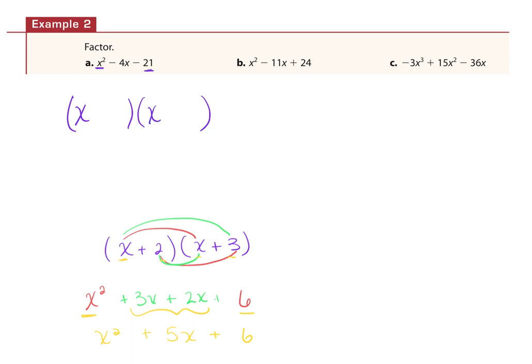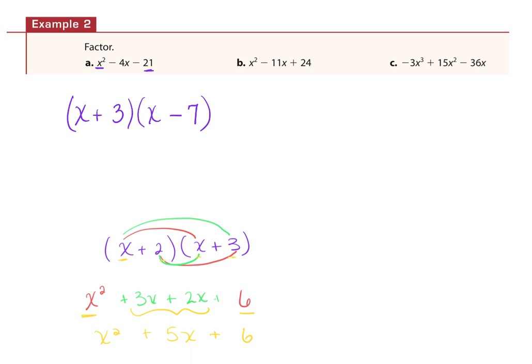My second terms are factors of 21 that are going to subtract, because one's positive and one negative, to give me 4. Well, that's going to be 3 and 7. Specifically, I want a negative 4. So which one is positive and which one is negative? If I want a negative 4 when I add 3 and 7, the 7 is negative, because a positive 3 and a negative 7 will give me a negative 4.